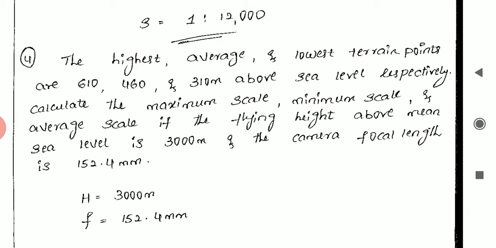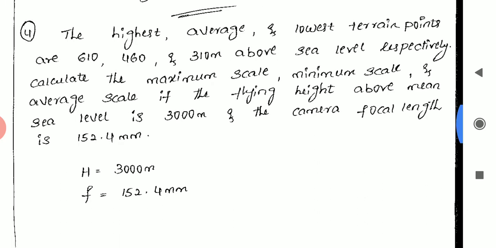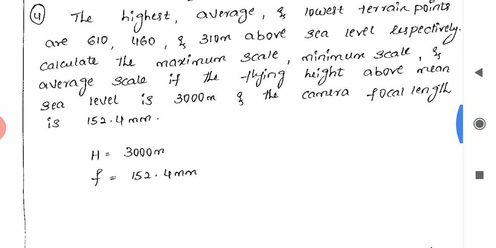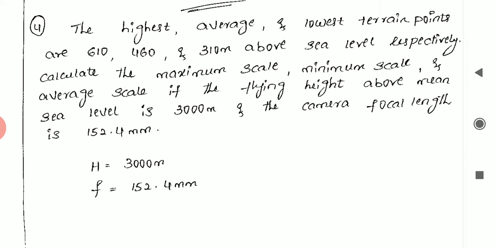Calculate the maximum scale, minimum scale, and average scale if the flying height above mean sea level is 3000 meters and the camera focal length is 152.4 mm. See here, what he mentioned, capital H is the flying height above the MSL, that is nothing but the mean sea level.